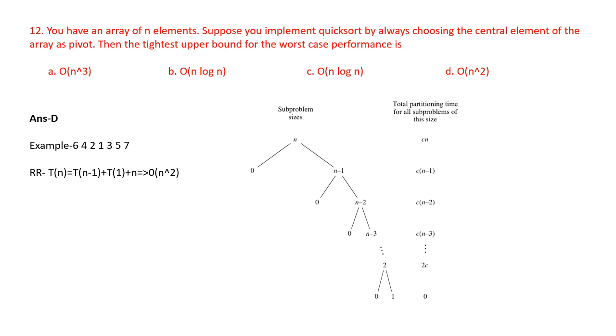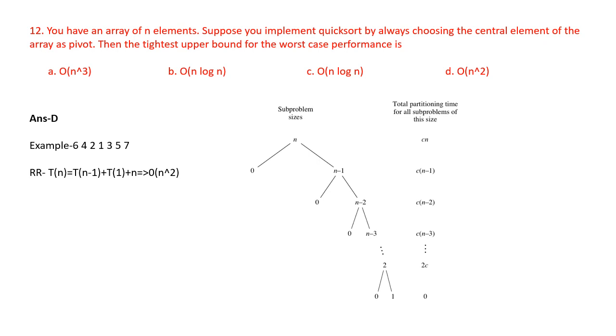So what recurrence relation will it form? One element will go to one part and n minus one elements will go to the other part. In one iteration, the partition algorithm takes order of n time.